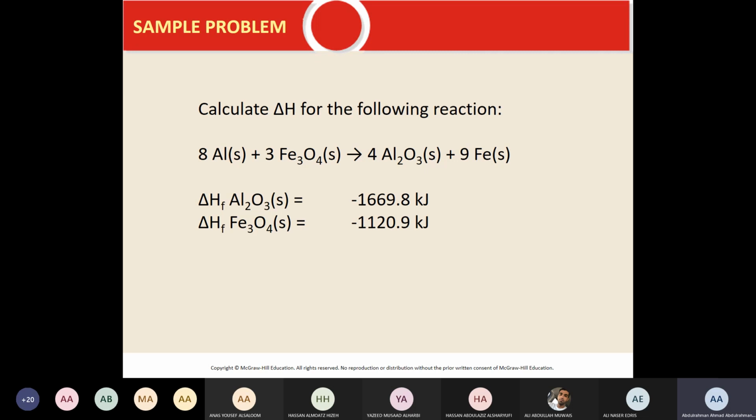What's delta H of the reaction? I need an answer. Minus 3316.5.